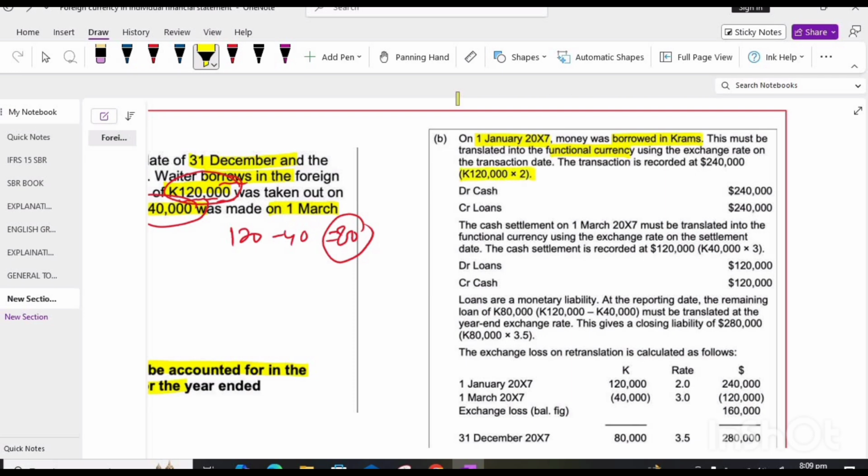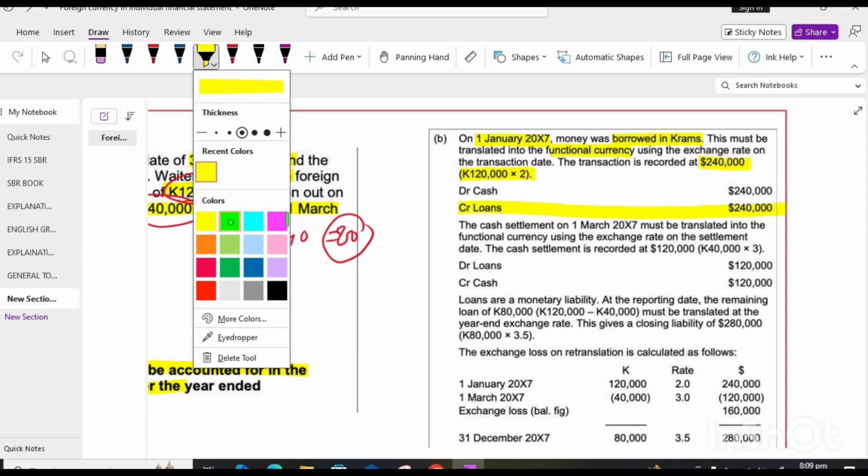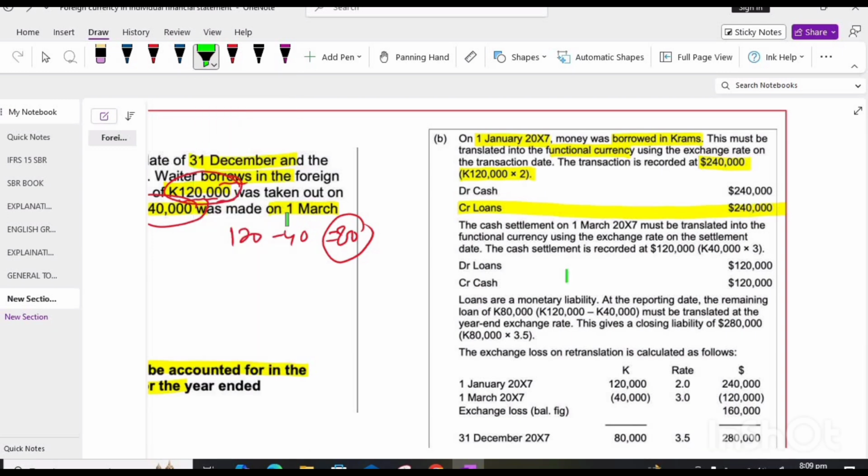When you multiply this amount, you will have the transaction recorded at this amount. Clear? Now you have recorded a transaction at this amount, and you have also created a loan of this amount. Now you have paid cash settlement. The cash settlement on 1st March 2007 must be translated into the functional currency using the exchange rate on the settlement date. So the cash settlement is recorded at this amount, the loan decreases, and the cash you paid also decreases by this amount.